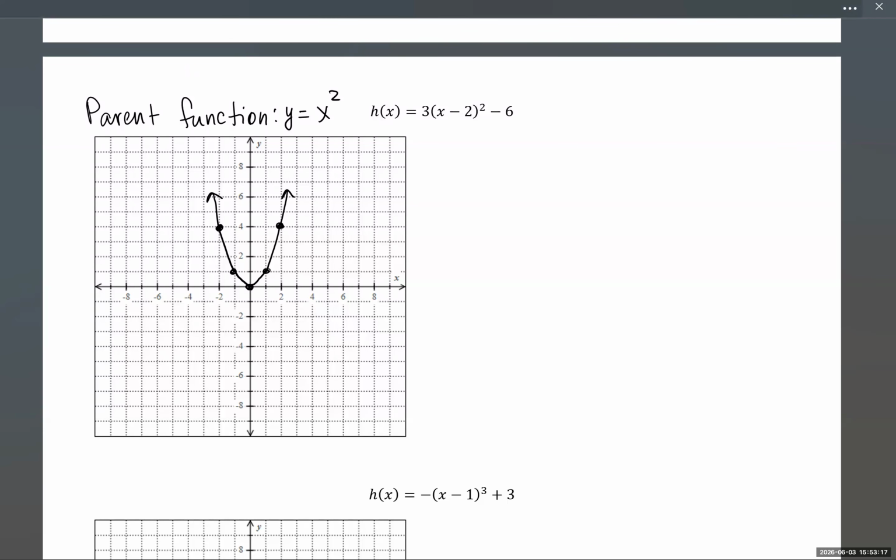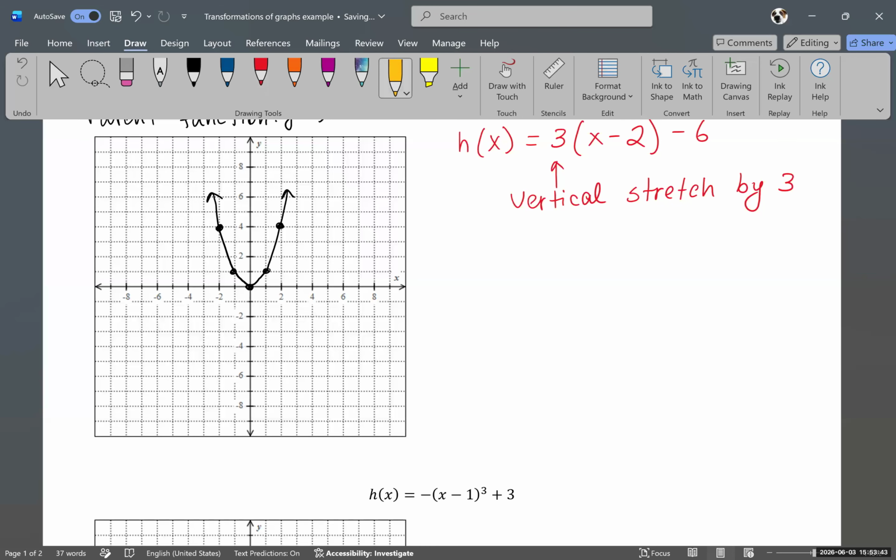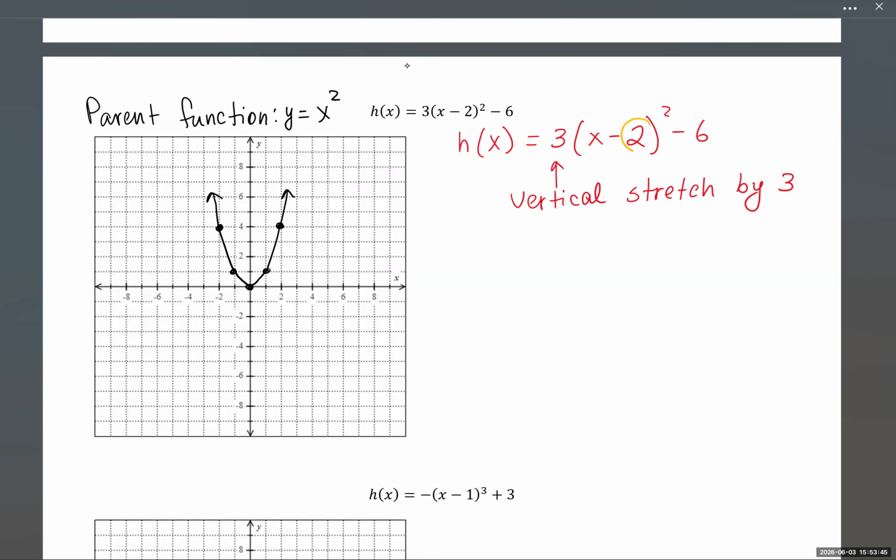What's happening to our function? So let's break it down. h of x equals 3 times (x minus 2) squared minus 6. Now this 3 right here, that is a vertical stretch by 3. Now the 2 inside with the x.